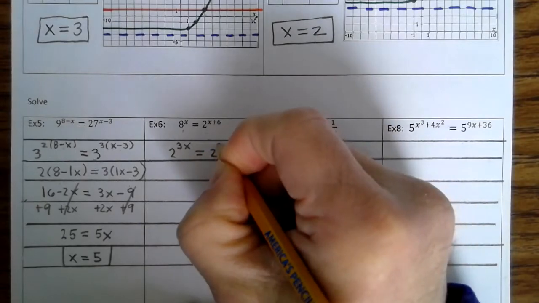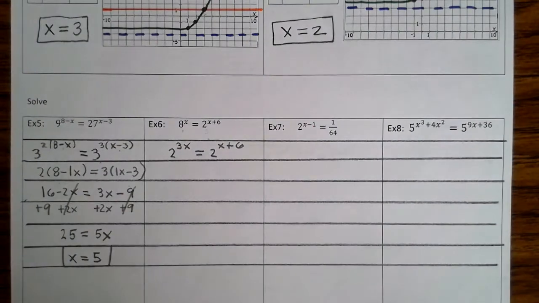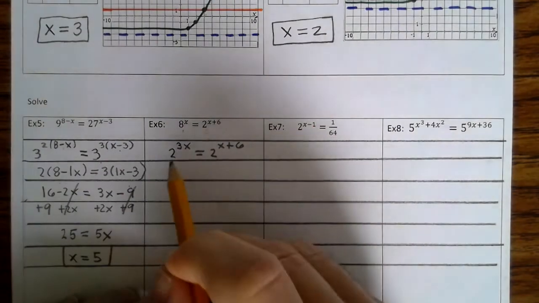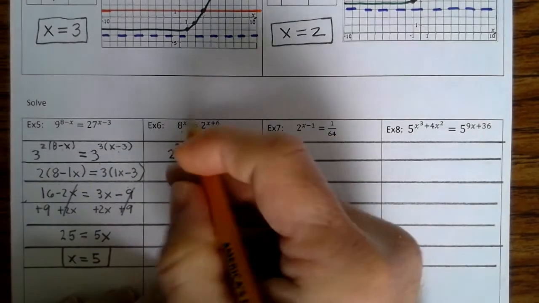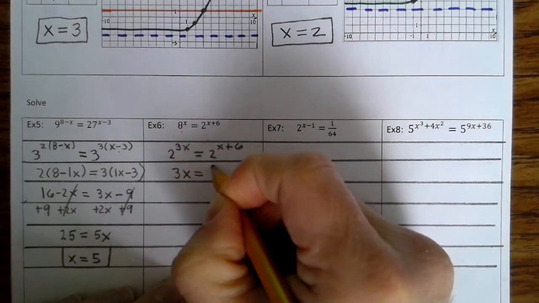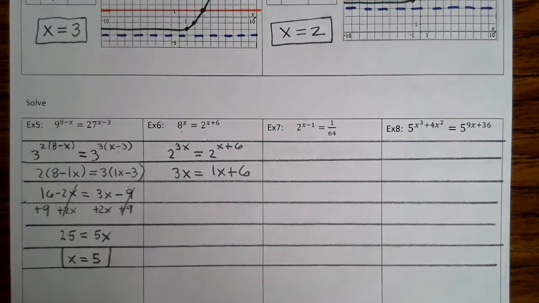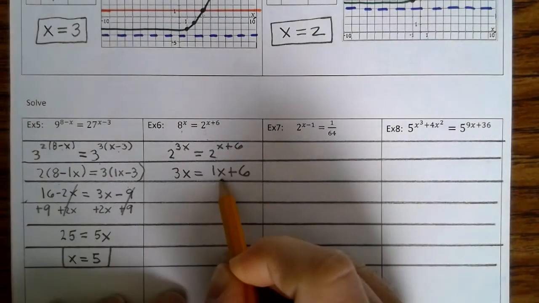So we can now say 3x is equivalent to 1x plus 6. Well, we can subtract 1x from both sides, so 2x equals 6. Divide 2 by both sides, so x equals 3.